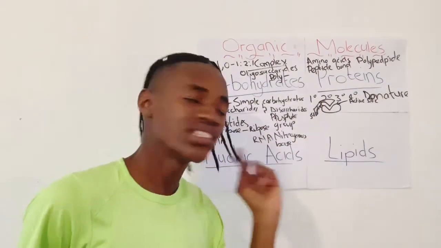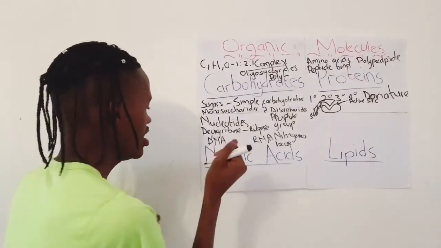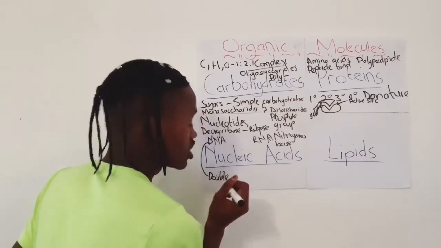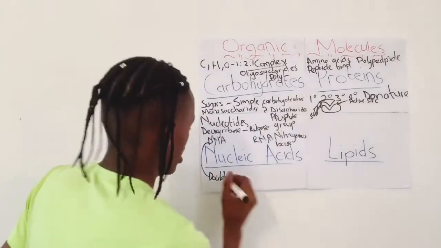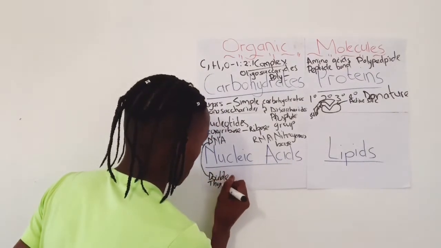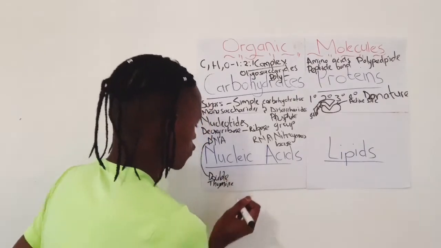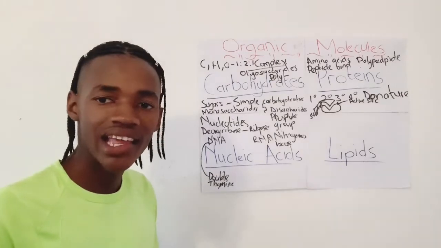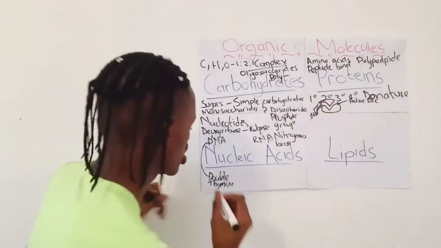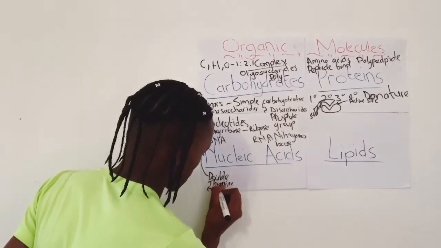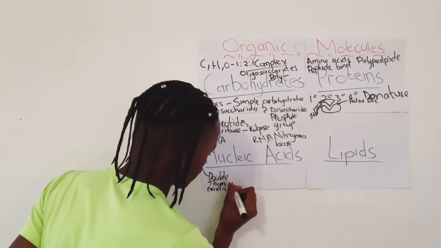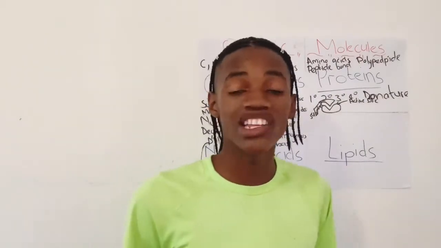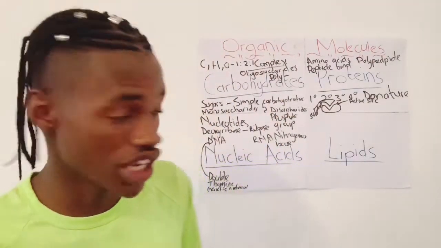Now DNA over here is double stranded. It has thymine and it contains the genetic material. It contains the genetic material and transfers it to the next generation.